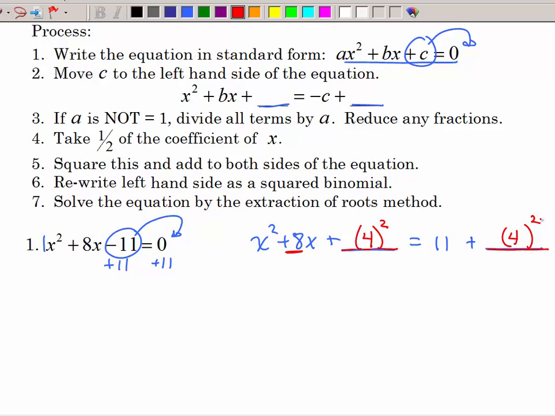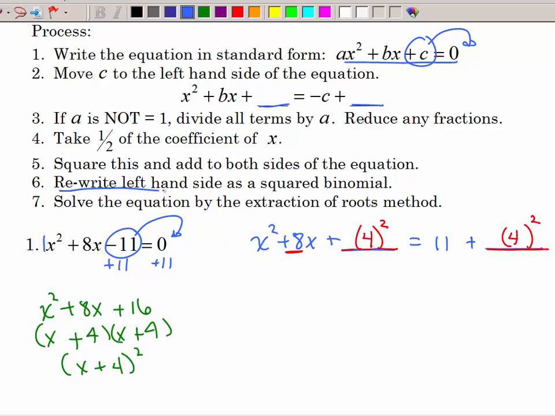And yes, you could write 16, but let me show you why I'm not going to do that. Because now I have created a perfect square trinomial. Let me just come over here and show you what we've done. We now have x squared plus 8x plus 16, and how could we factor that? It would be those same binomials squared. So instead of going through this long process, although that's really what we've done, we're going to go straight to factoring it, and we're going to rewrite the left-hand side as a squared binomial.